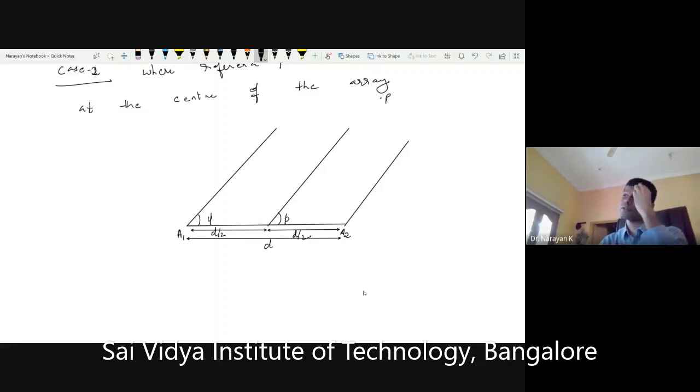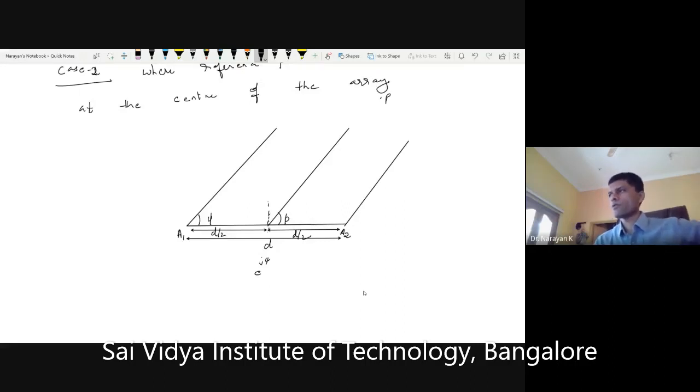Two distances here, D by 2, D by 2. I'm taking this as your reference point at the center, at distance D by 2 and D by 2. What happens now is this phase shift e raised to the power j psi will be equally divided between these two, A1 and A2.